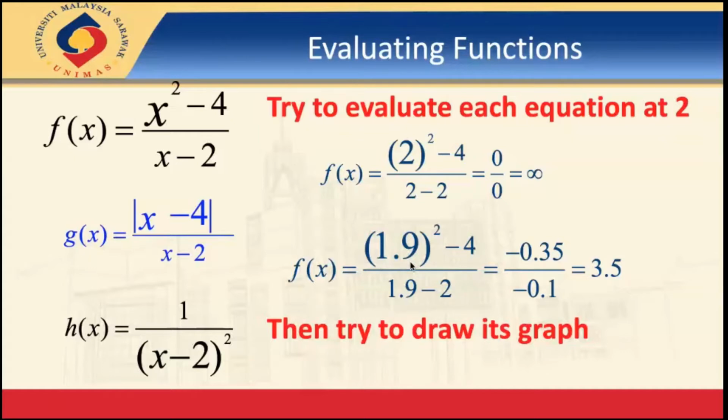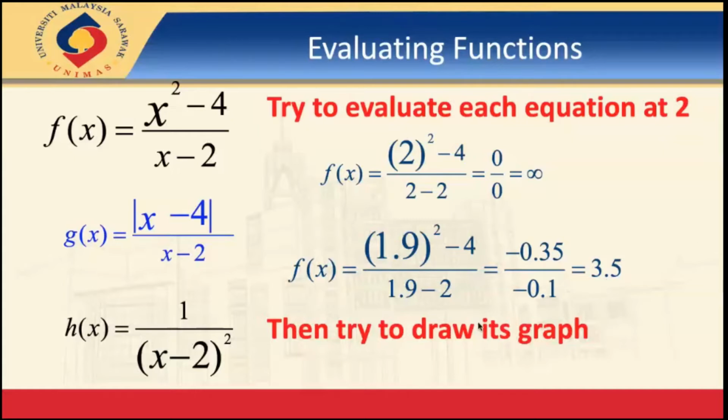If you put negative 1.9, the square will make it positive, so then we can at least get some value, but not infinity. So the final conclusion is that at 2 the function becomes undefined, but for any value near to 2 the function has some value.